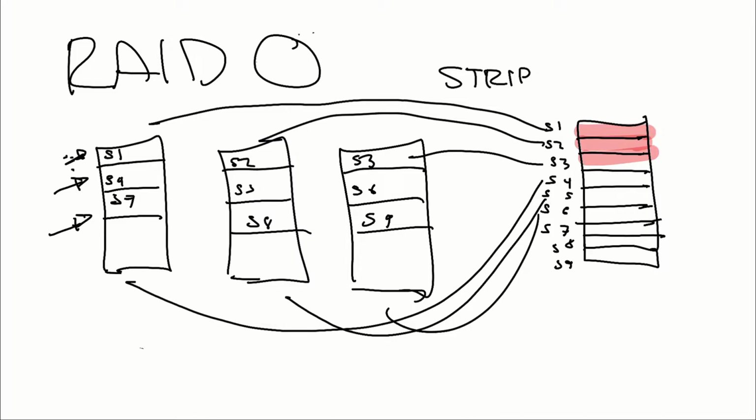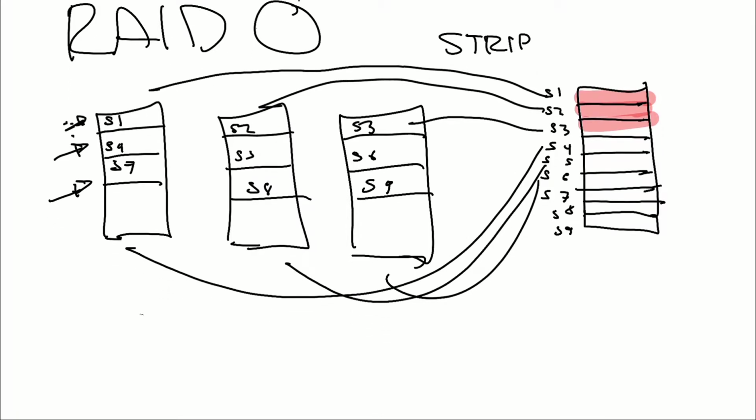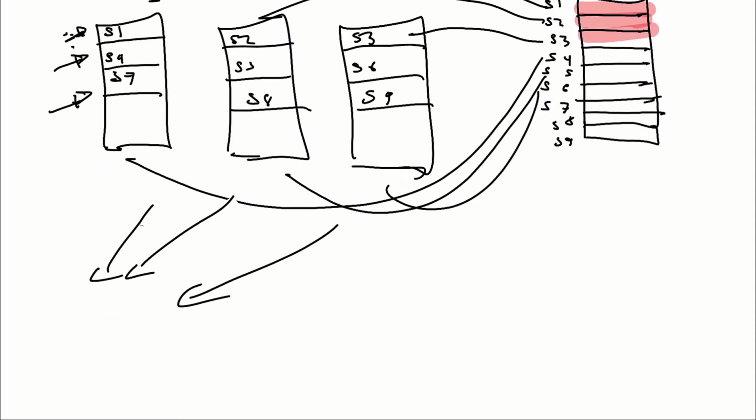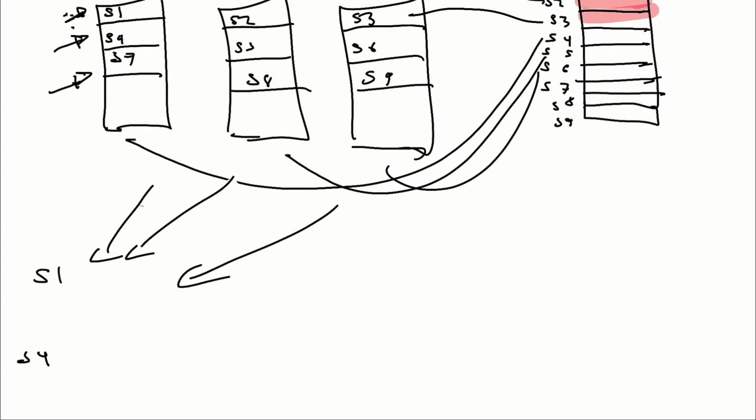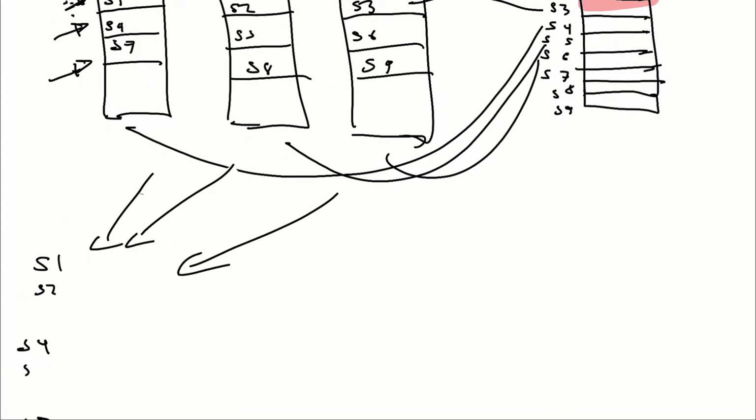Furthermore, if we want to read from this, it's the same thing. We're just going to read all the strips and put them back together here in the main memory. Of course, we know how we split things. We know that we put strips 1, 4, and 7 in drive 1, so we know that we have to assemble them in that order. Put this one here, then leave space to put 4, and then leave space to put 7, because the second drive goes here and then here and so on.